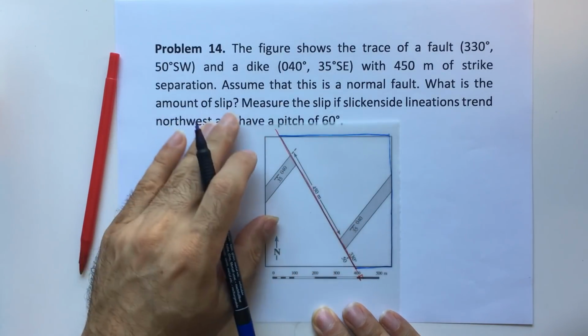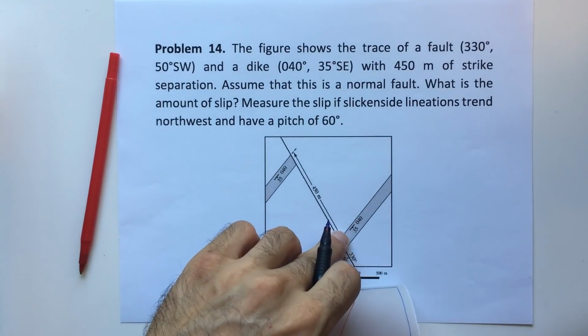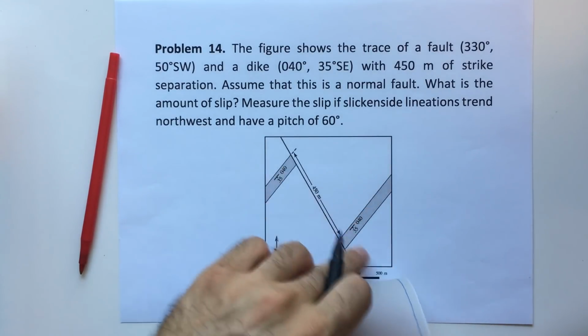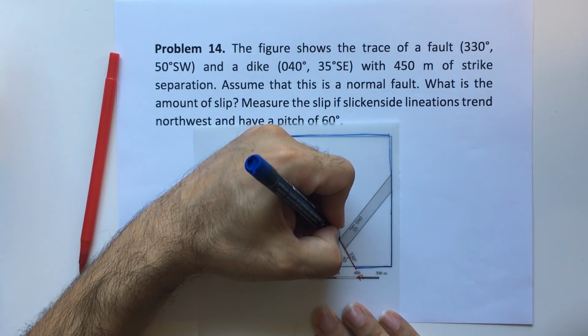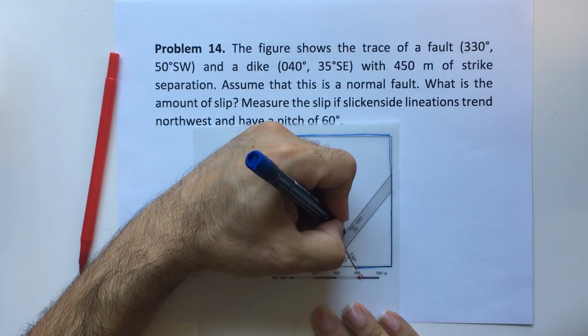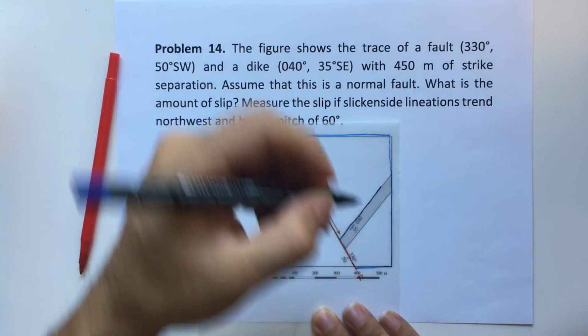I'm not going to draw both of them. Just choose the bottom side or the top side for both, and go with only one line, which makes your calculation much easier. This is the trace of the bottom side of the bedding.